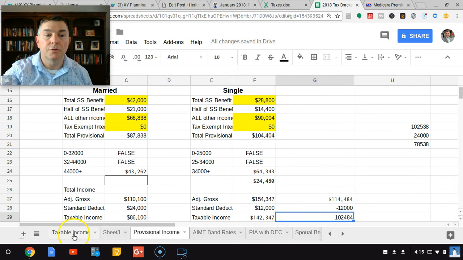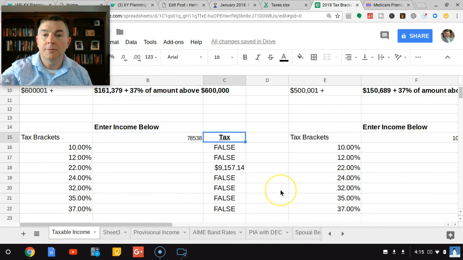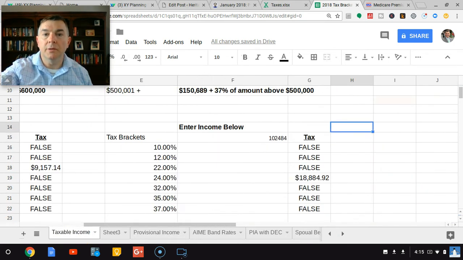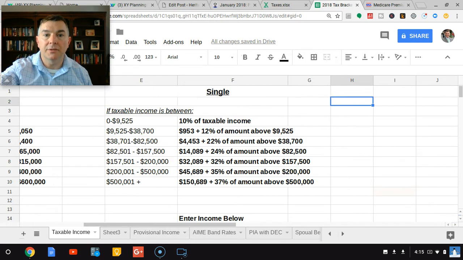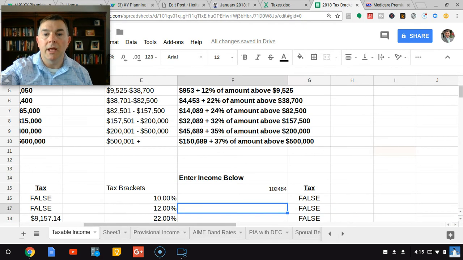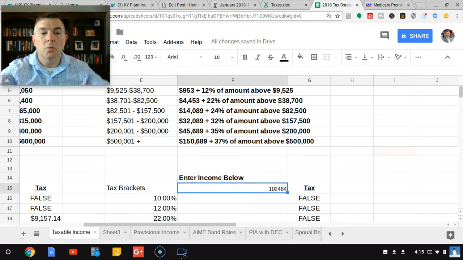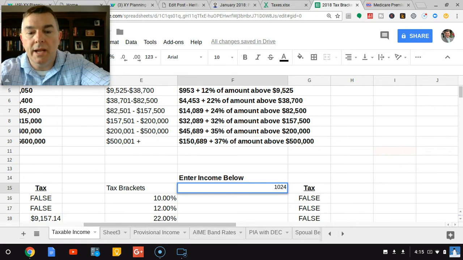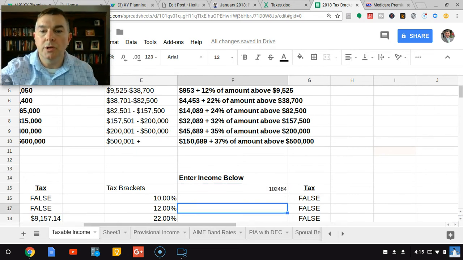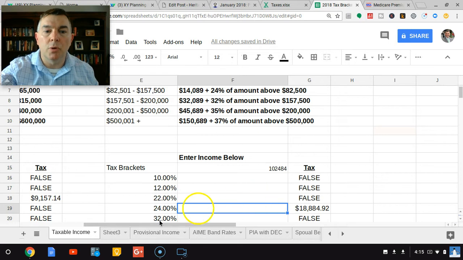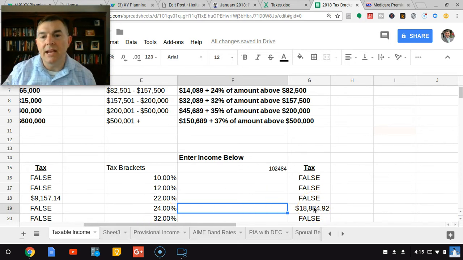Let's go to my trusty old tax calculator here. And again, this is going to be for single taxpayers. All right, and we already have it there. And so $102,484, which I'll show you, puts her deep in the 24% tax rate at $18,894.